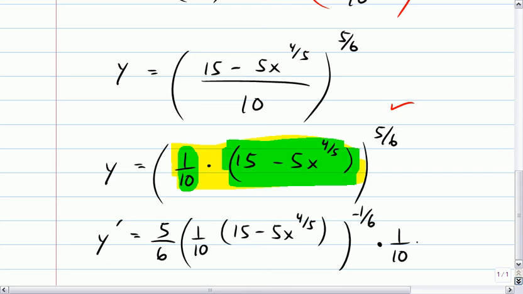All I have to consider is the derivative of what's in that purple box. So I got a minus 5, and then the 4/5 comes out front of it, and then it's x. 1 less than 4/5 is negative 1/5.